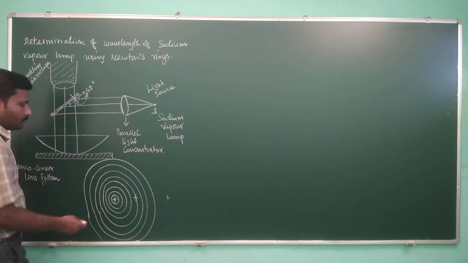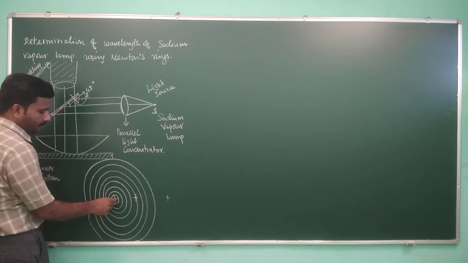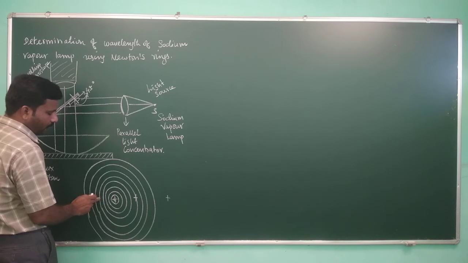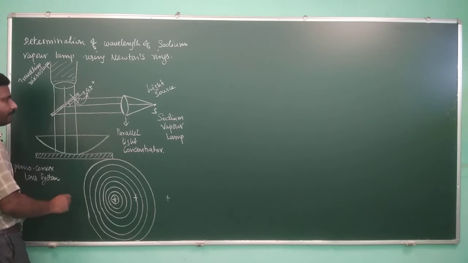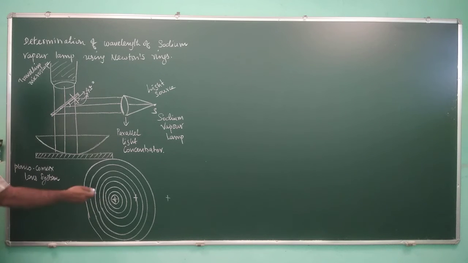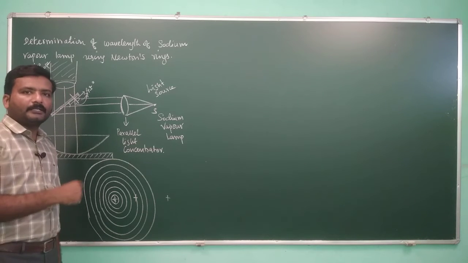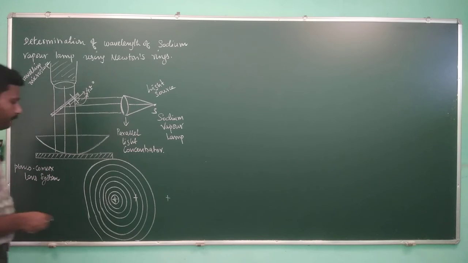After taking 5 or 6 readings, come back to the center again, then move to the left. Again you calculate the reading for the 5th ring, 10th ring, 15th ring, putting the crosswire on each and noting the main scale reading, vernier scale reading, and total reading on the horizontal scale of the traveling microscope, right?